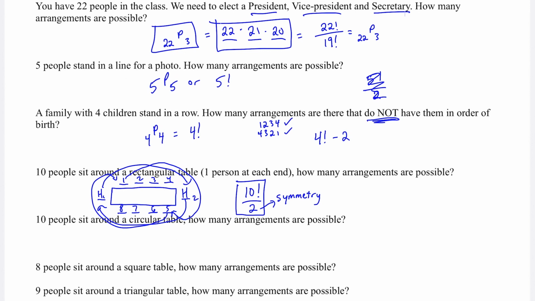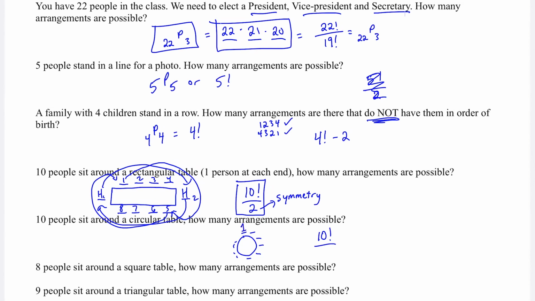Okay, what about if you have 10 people sitting around a circular table? How many arrangements are possible? So again, you have a circular table and you have all these people. I'm not going to make a good guess on this, on 10 arranged nicely, but again, you'd have 10 factorial ways of arranging them around a circular table. This time, how many times would there be exact rotational symmetry?